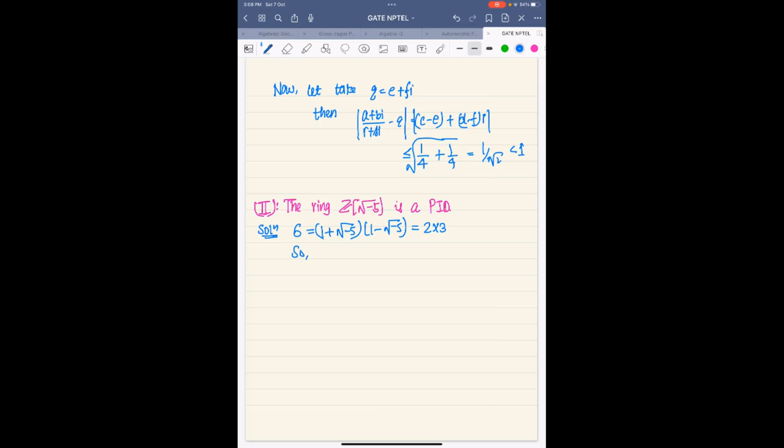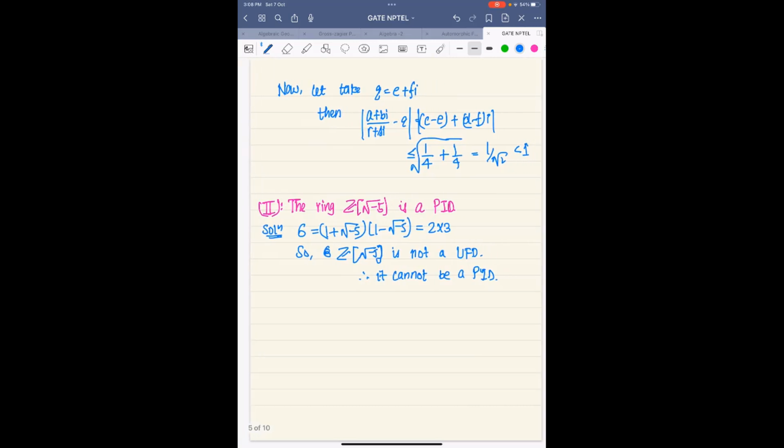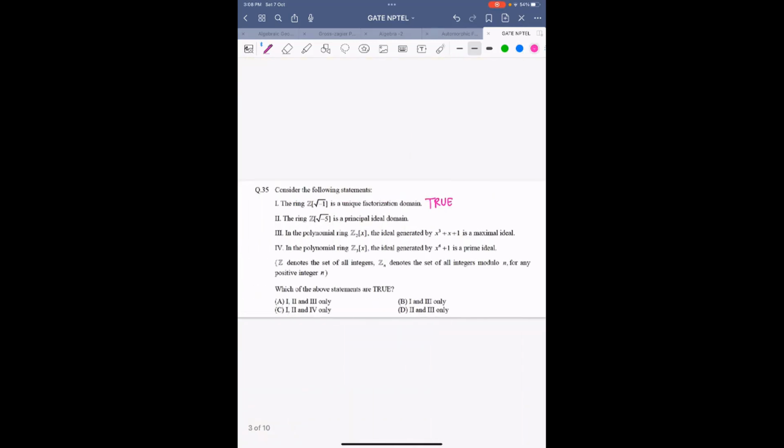So this ring is not a UFD, therefore it cannot be a PID, because if it were a PID, then it would be a UFD, but it is not a UFD. So the second statement is false.